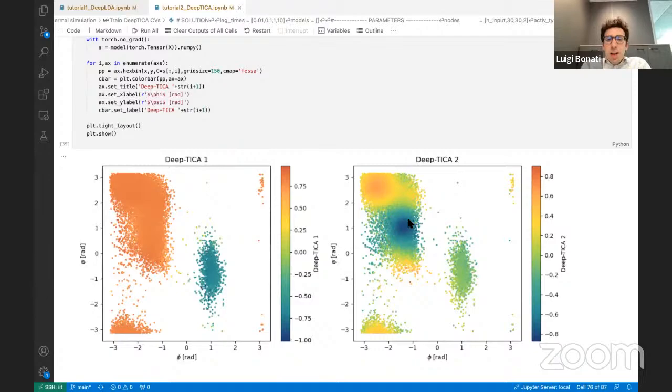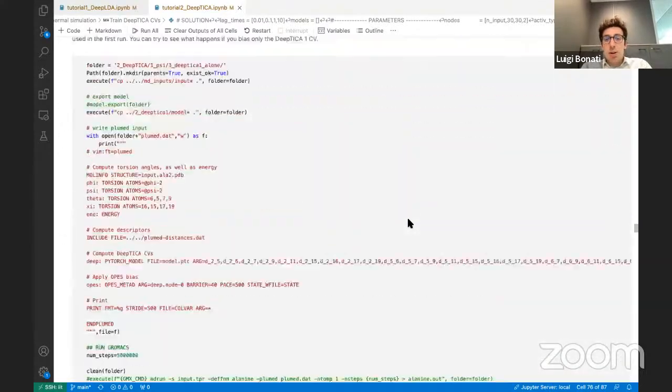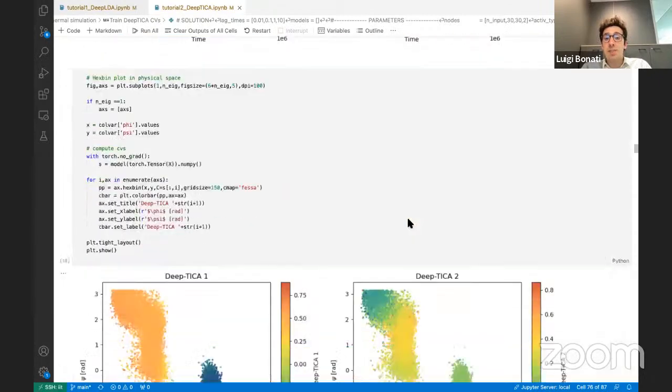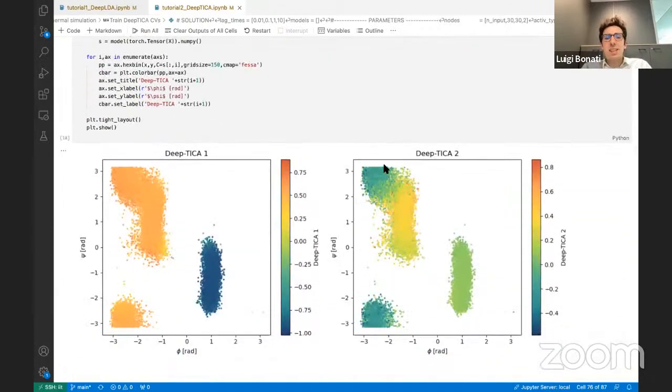In the first simulation, instead, in which we were starting from a simulation biasing the dihedral angle psi, we see that this signal is not as strong. There is something, but it's a much weaker signal. Why is this? Because in the original simulation, we already made the transition between these two states not slow anymore.